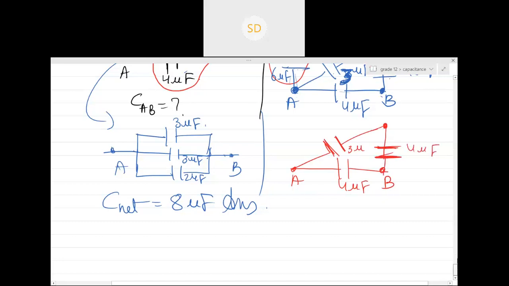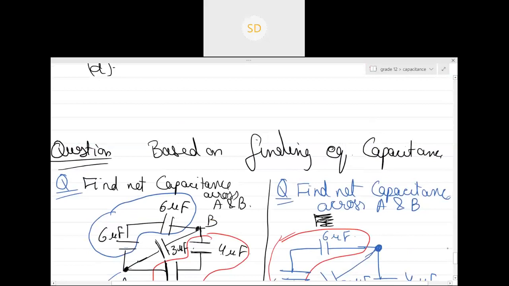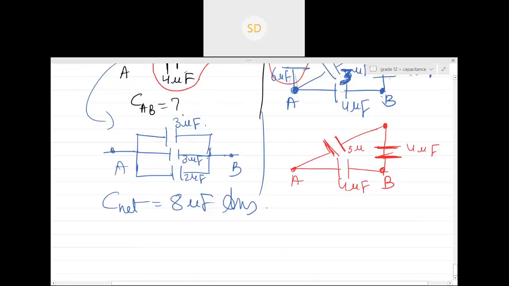On combining 6 and 6 you get 3. So you replace those two by a 3 across the same two points. Yes or no, guys?